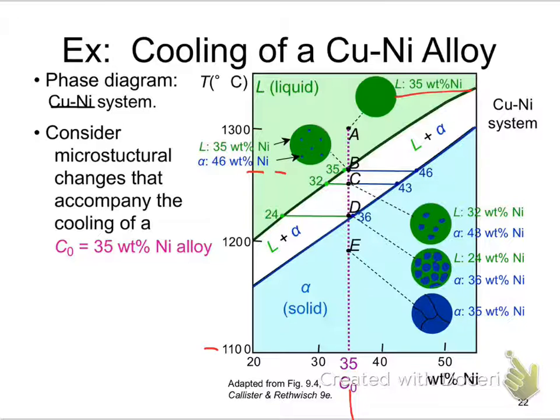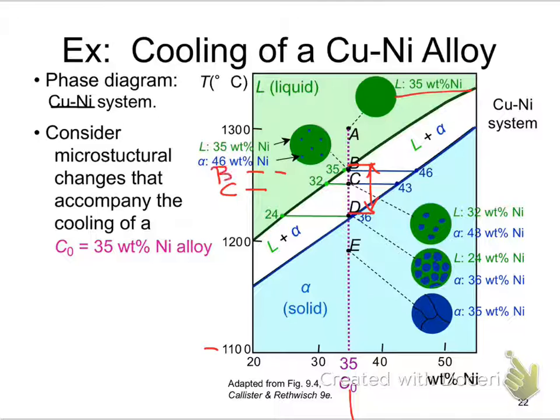We're right on the boundary line between being all liquid and not all liquid, and so we start to nucleate out little parts of this nickel-copper alloy as a solid. From B to D, we have both liquid and solid present. But at this point, we're at the very beginning, with tiny little nucleation sites that are basically, by weight, not significant.